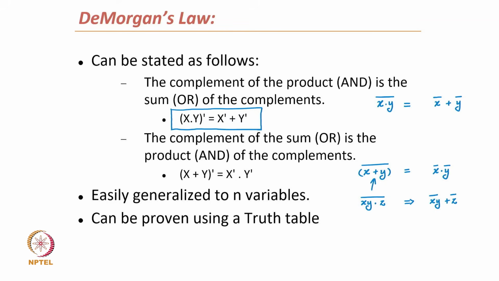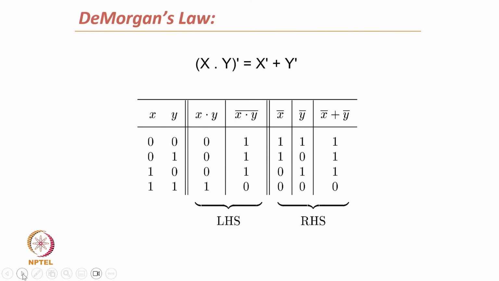So this rule can be easily generalized to n variables, or more than two variables, and it can be proven using a truth table. If you want to prove that this rule is correct, you can make a truth table for a two input expression, calculate these values separately, and they will come out to be equal. This is De Morgan's law.